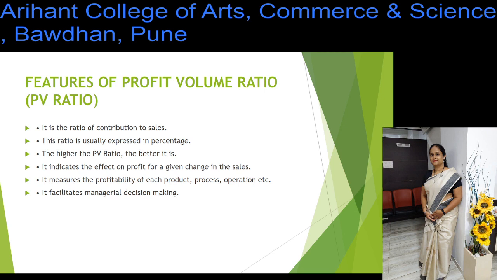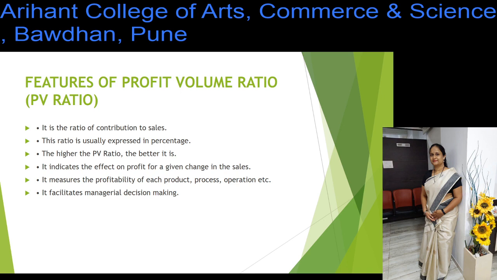The higher the PV ratio, the better it is for the organization, as profit volume ratio guides us regarding the profit of actual production. If this ratio is higher, we can assume that the production process, product and operation we are undertaking are the correct decision.